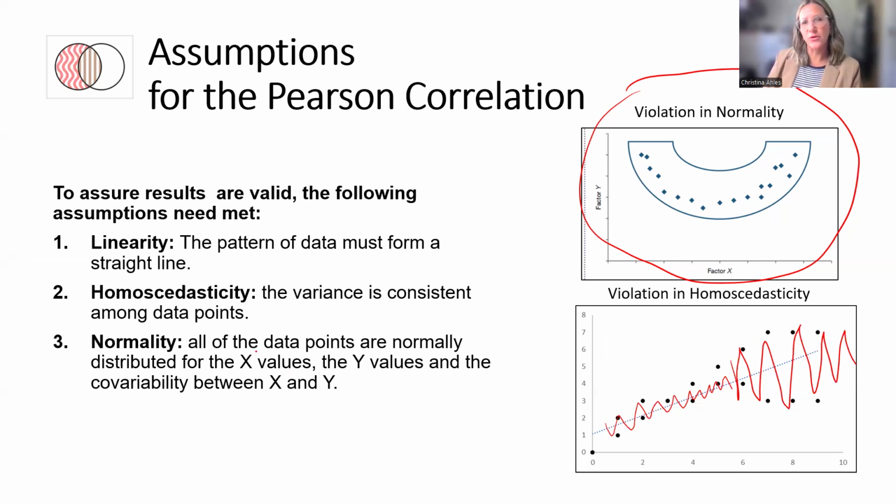And then normality is another one. With Pearson R correlation, you need to have normality of your X variable. You need to have normality of your Y variable, but you also need to have normality of the covariability between X and Y. There are actually tests within SPSS or PSPP, the statistical software that we use to test the hypotheses using statistics, that will test that for you.